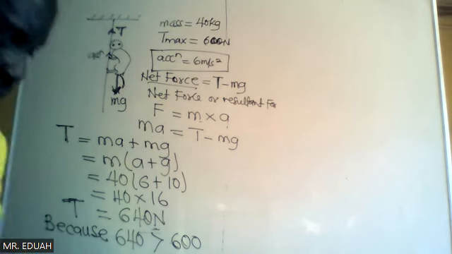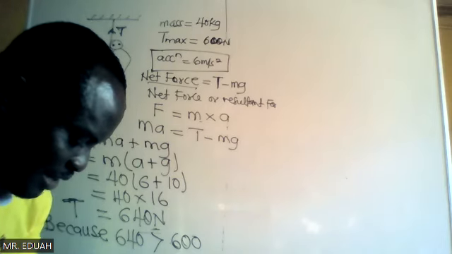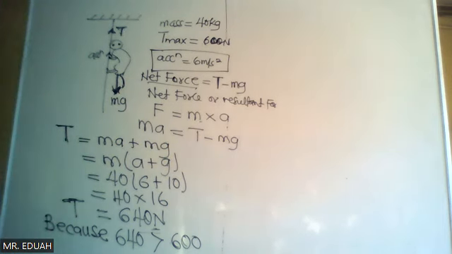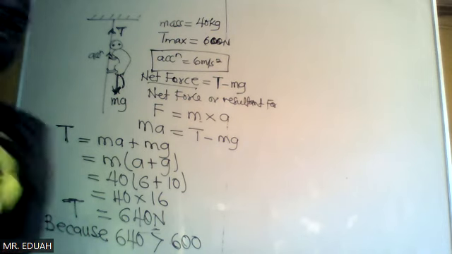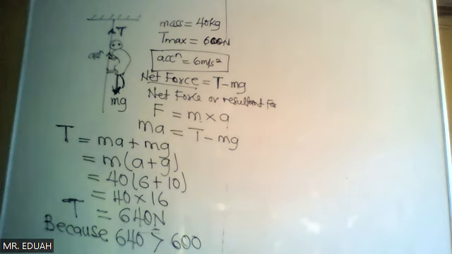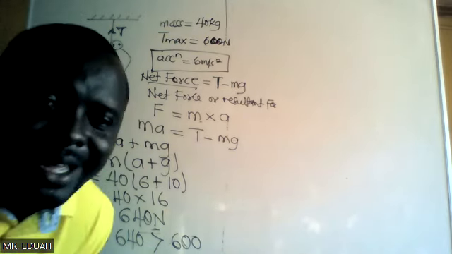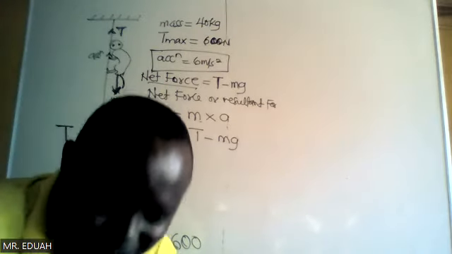B, if the monkey climbs down with an acceleration of 4 meters per second squared. A student asks: Sir, it's just a few below the 640, so can't the monkey hurry up and jump or something? The monkey has no idea of the tension in the rope.